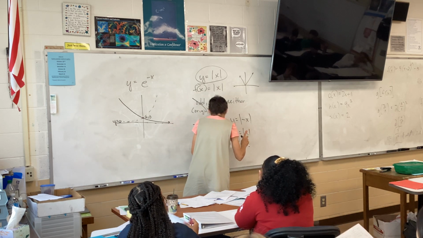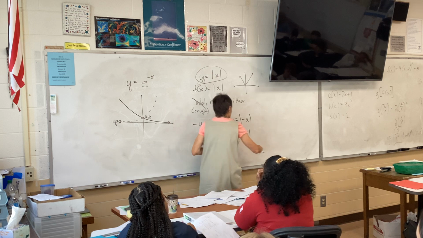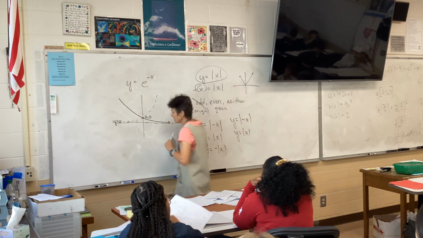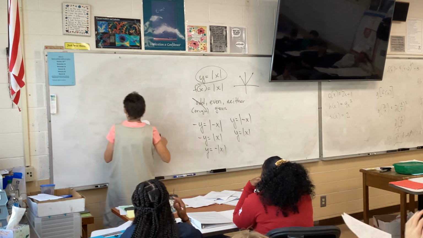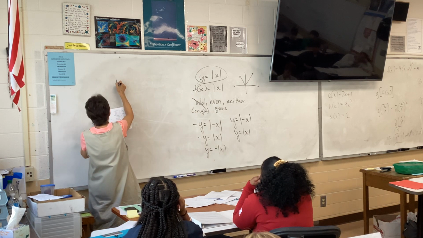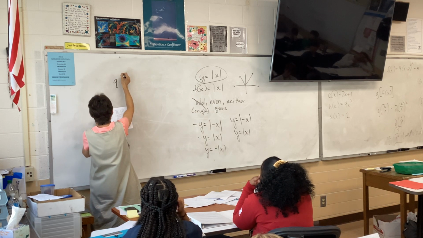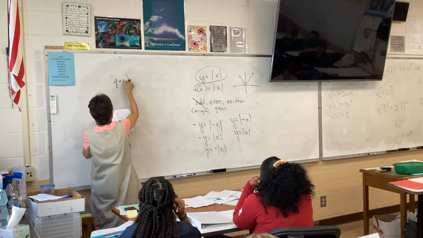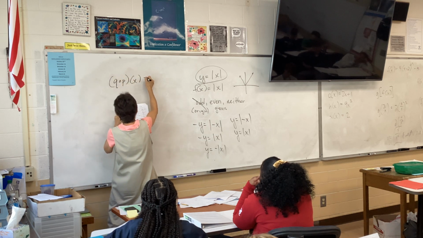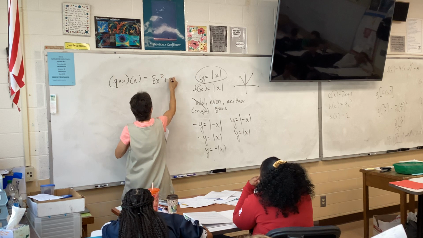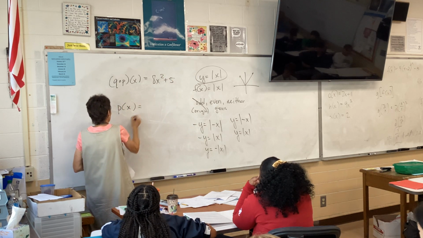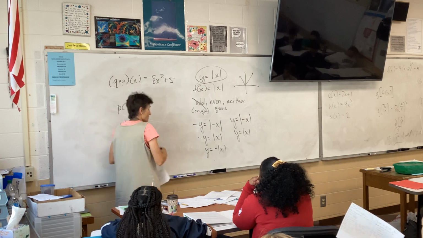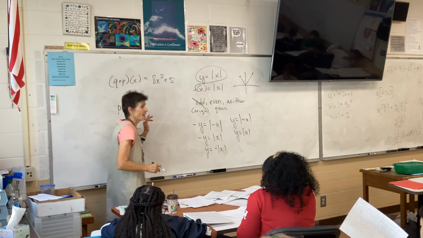Okay, this is one of the last things we did. This is where you have to do it backwards. So we know that Q of P of X is 8x squared plus 5, and we need to find the P and the Q that would combine to make that happen.